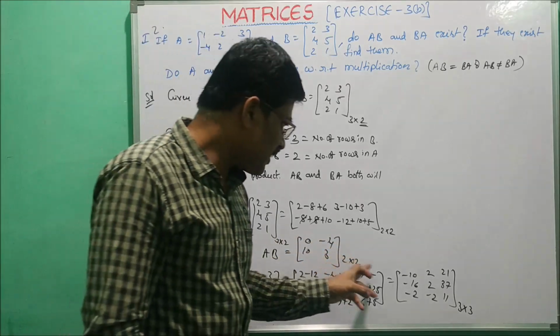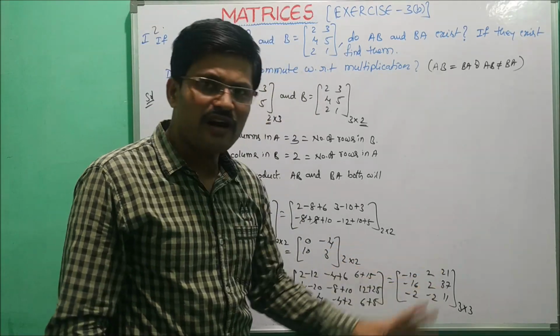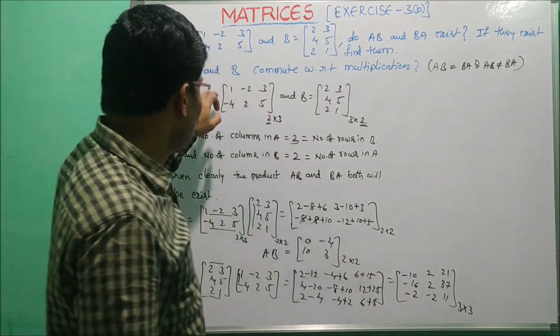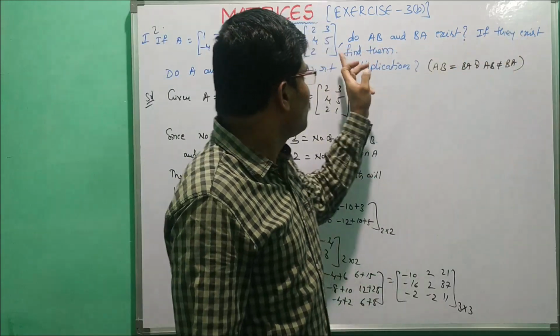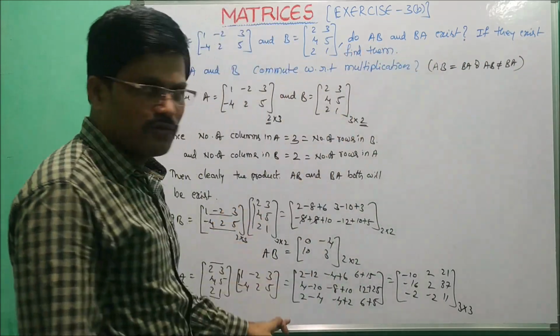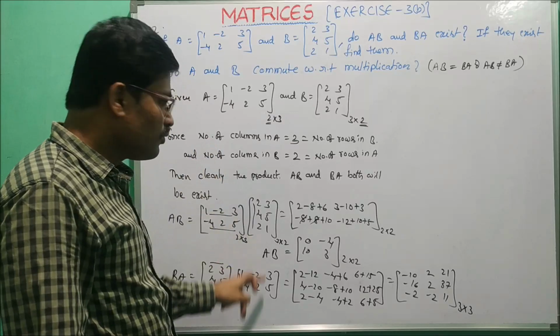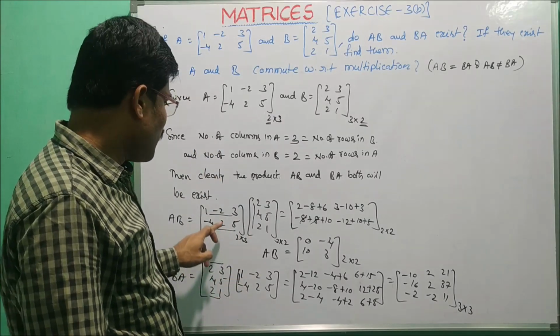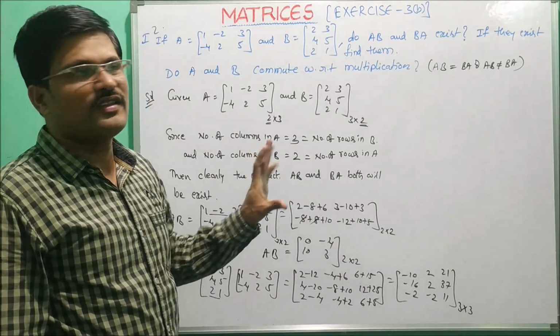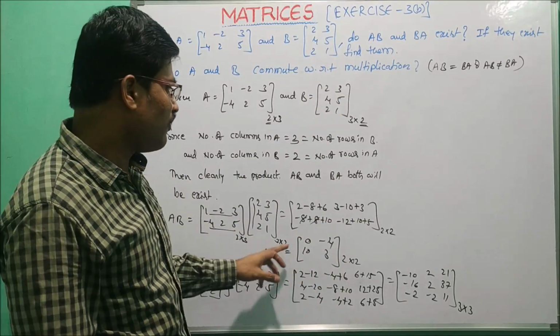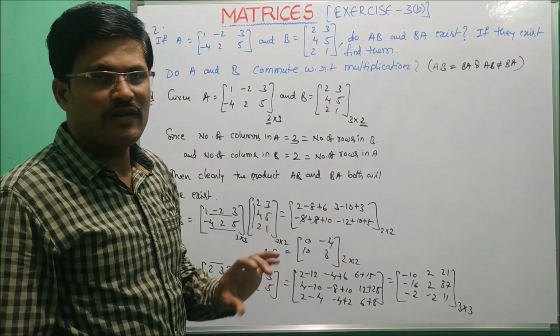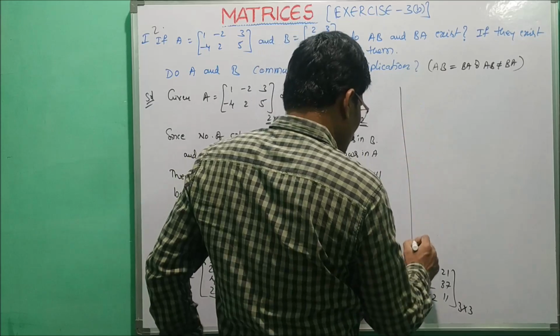So here the first condition fails. So AB and BA are found, and from these two we observe that A and B do not commute with respect to multiplication because the orders are not equal. Now we write the conclusion.